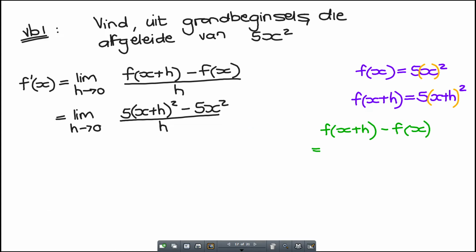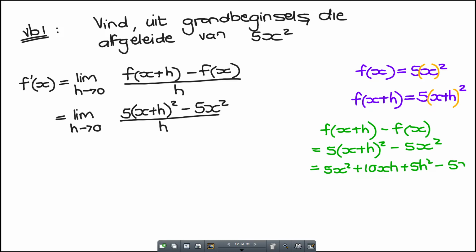That would be basically what we had at the top of that fraction. Okay, so nou gaan maal ek gou-gou uit. Dit gaan wees 5x kwadraat plus 10xh plus 5h kwadraat and then minus 5x squared.